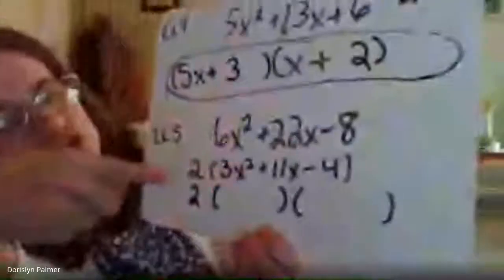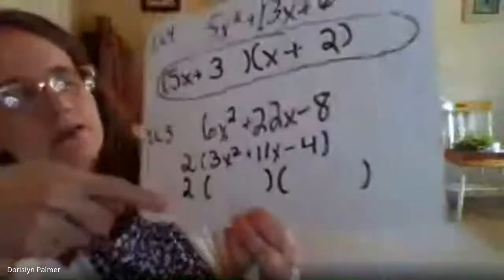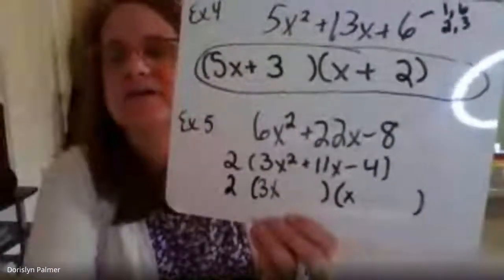So I'm going to draw my empty sets of parentheses. Don't lose your 2. You have to keep bringing it along with you for each step. All right, so my empty set of parentheses and a 3x and an x. And now I'm thinking, oh no, because I can't.